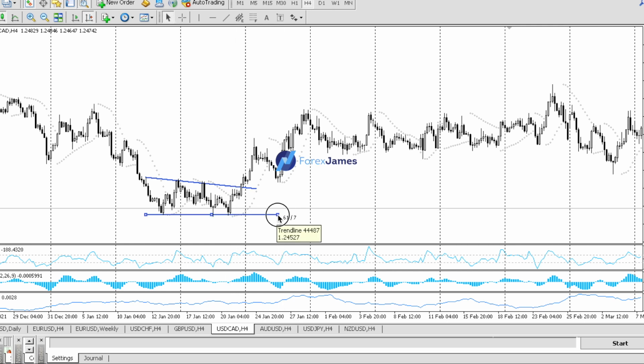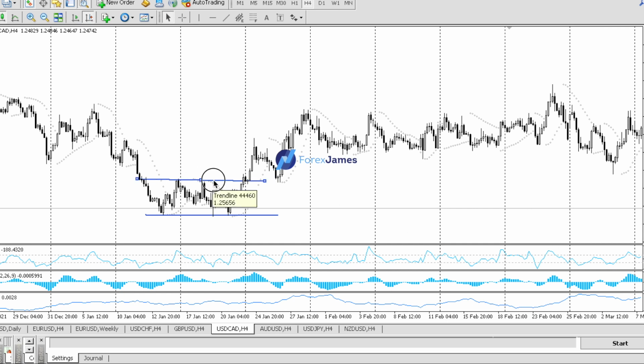Why do I prefer using the SAR at times compared to using a trendline break? Because drawing trend lines is a subjective thing, right? Some people would draw it like this. Some would prefer drawing it horizontally, and that's not wrong.